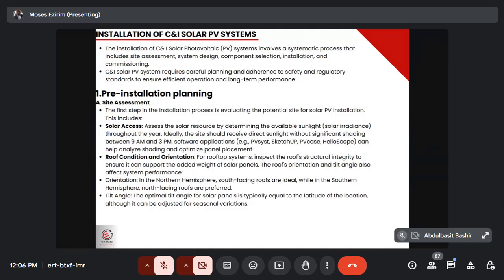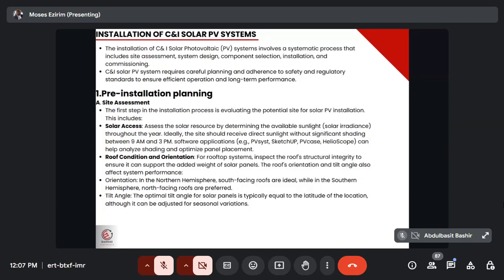Because for roof mount, the orientation is already there. There is nothing you can do. If it is facing south, it's already facing south. If it is facing north, it's already facing north. If it is facing east, it's already facing east. There is absolutely nothing you can do. And you cannot tell the business owner to come and change your roof like this because you want to put your solar system. No, we can't do that.